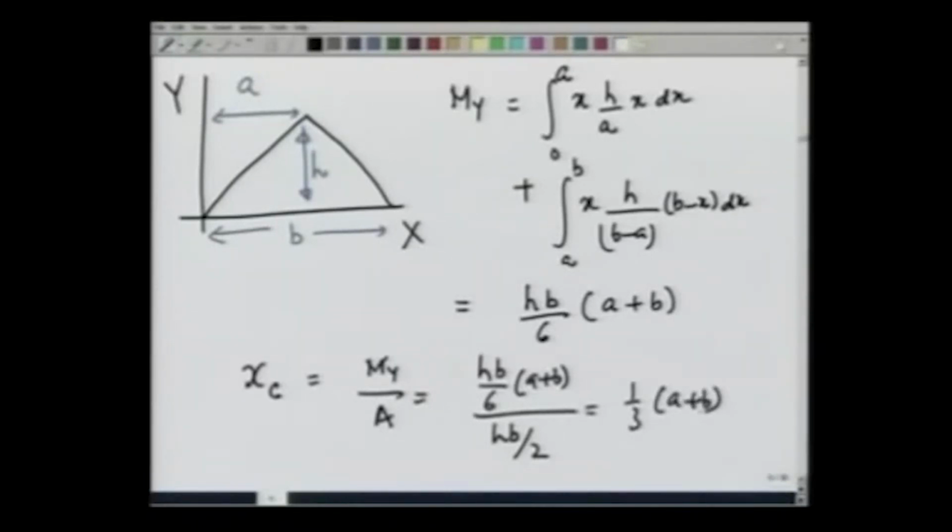That is the x coordinate of the centroid of the triangle.